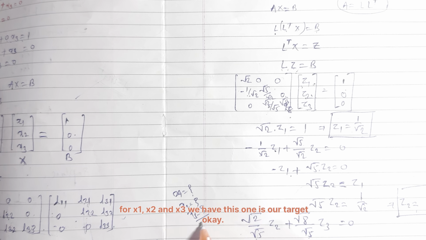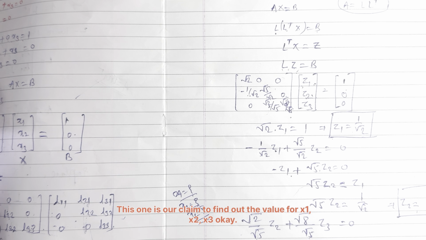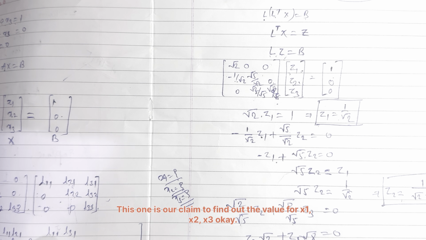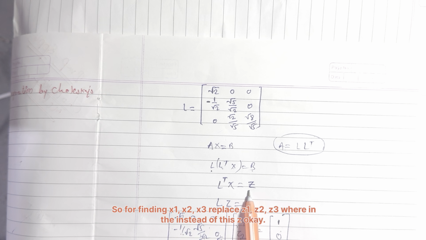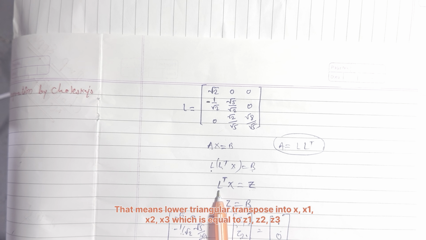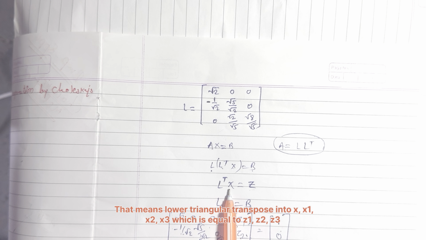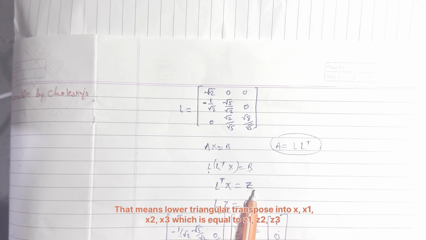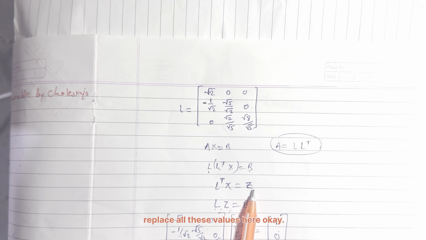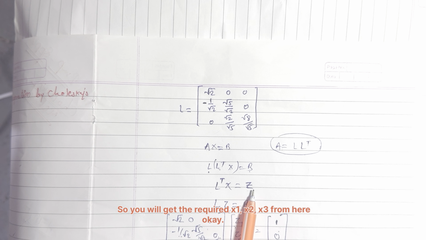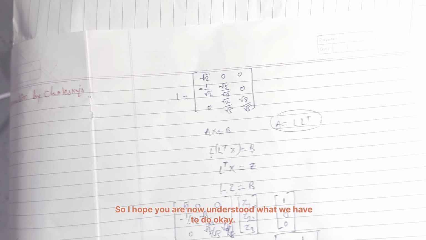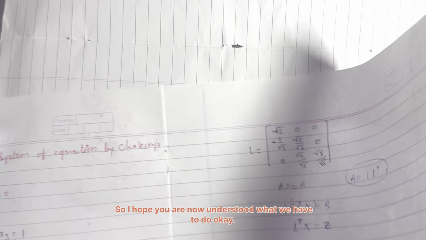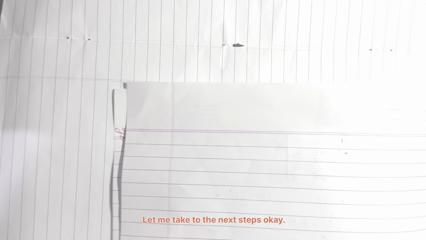So for finding x1, x2, x3, replace Z1, Z2, Z3 instead of Z. That means lower triangular transpose into x1, x2, x3 is equal to Z1, Z2, Z3. Replace all these values here and you will get the required x1, x2, x3. I hope you all have understood what we have to do. Let me take you to the next steps.